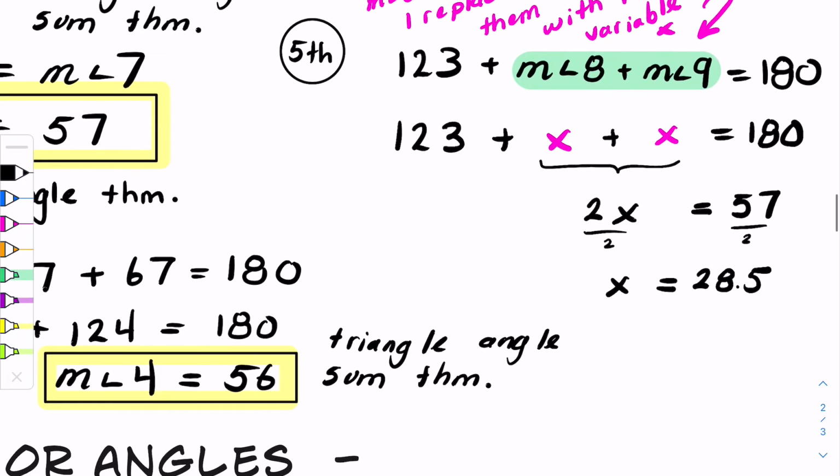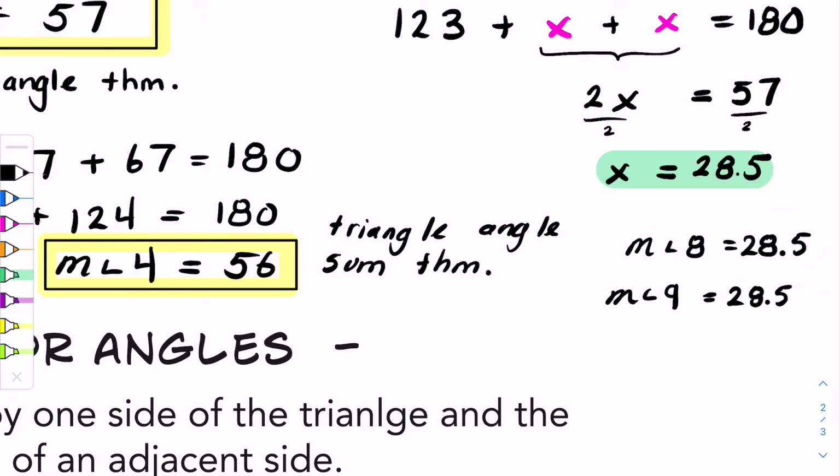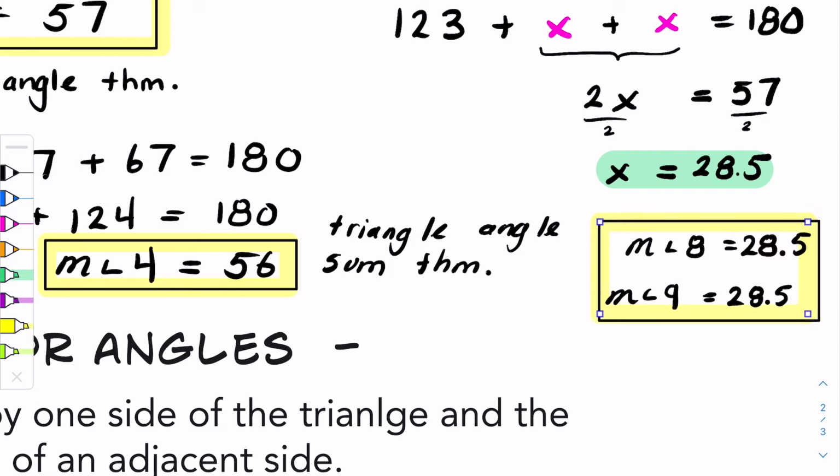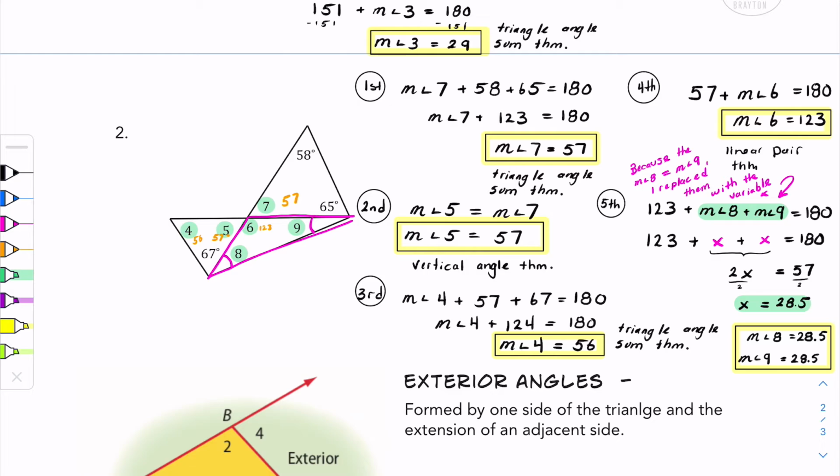So if x is equal to 28.5, that indicates that both angle 8 and angle 9 are equal to 28.5. And that's all of your missing angle measures.